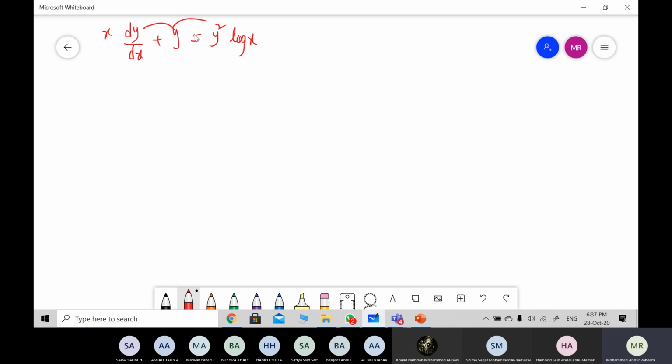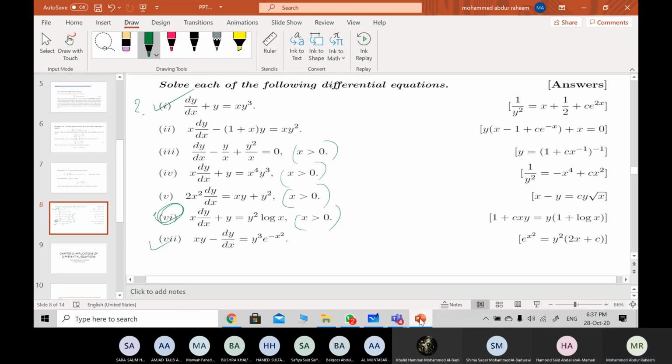Yes, okay, it is Bernoulli in y. Step 1, please: x dy/dx plus y equals y square log x.